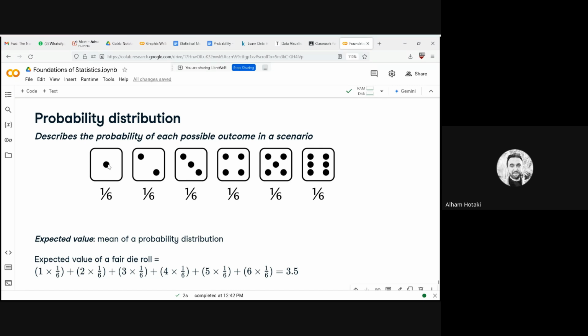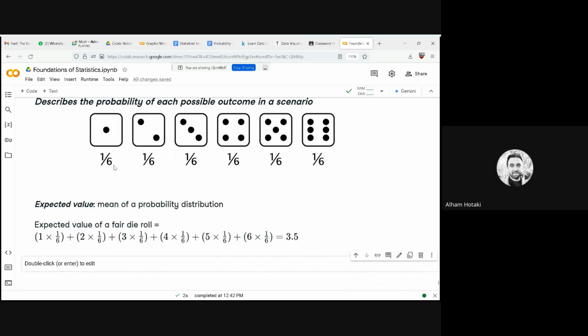For each number, in order to get 1, 2, 3, 4, 5, 6, each side, what is the probability? It is 1 by 6. So now let's calculate the mean, the expected value of a fair die.